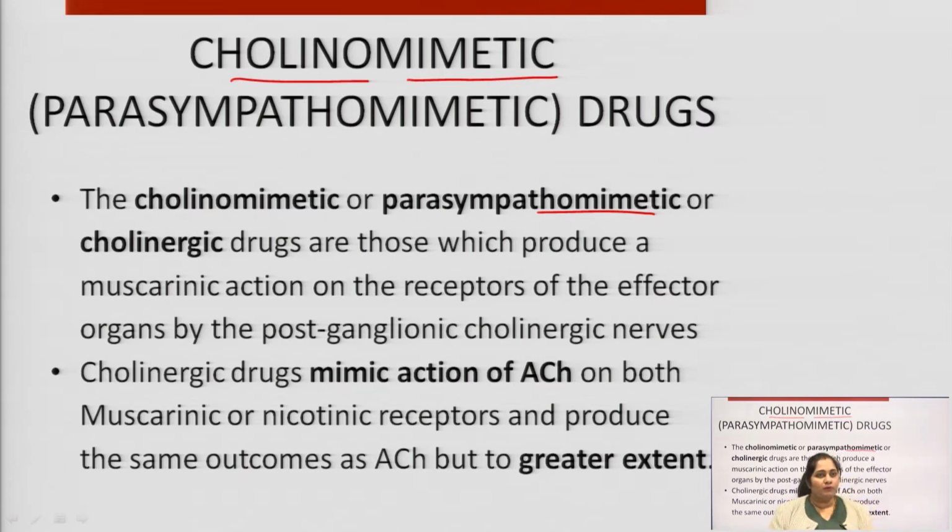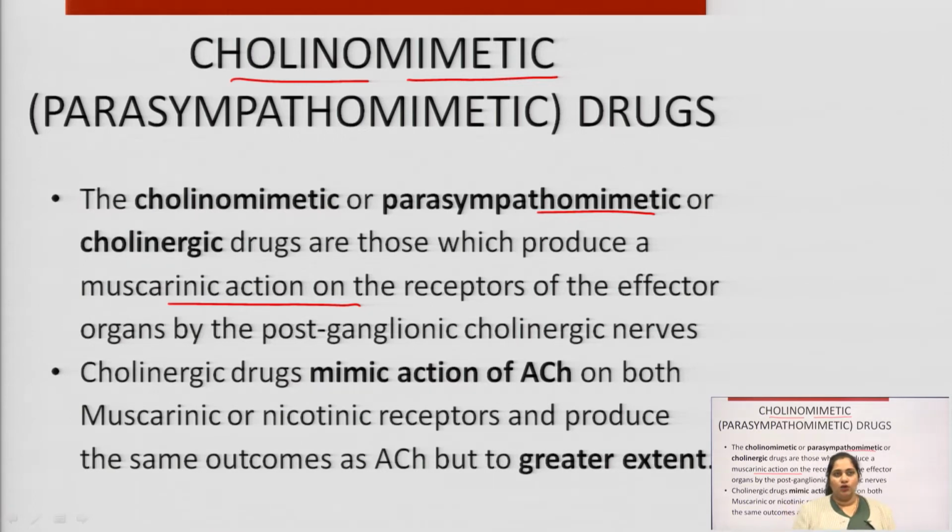So, cholinomimetic or parasympathomimetic or the cholinergic drugs are the drugs that will produce a muscarinic action on the receptor of the effector organs by the postganglionic cholinergic nerves.